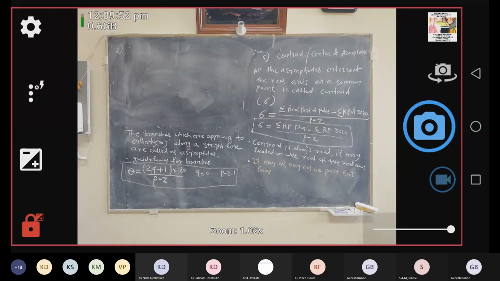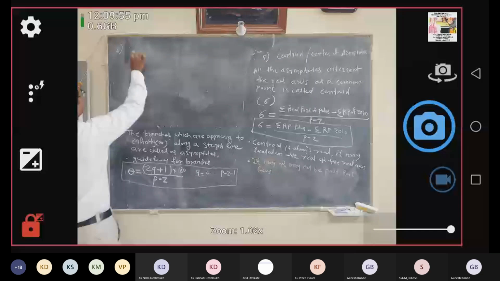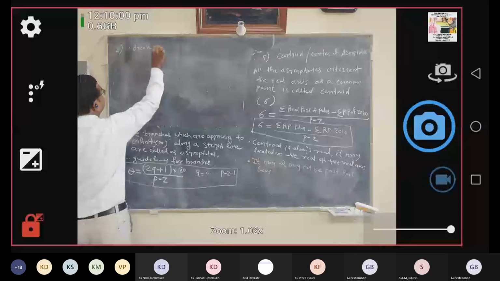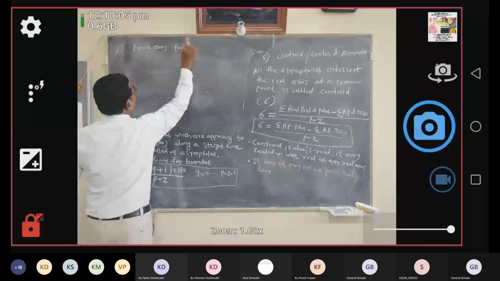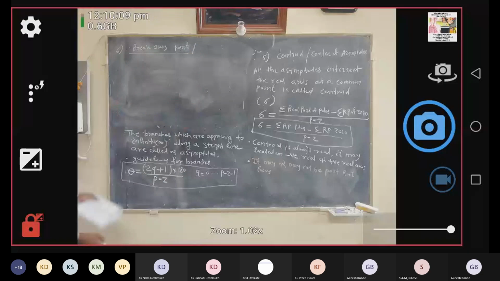Step number 6 is the breakaway point, or again step number 6 is the break in point, which we will see in the next step, also called the breaking point.